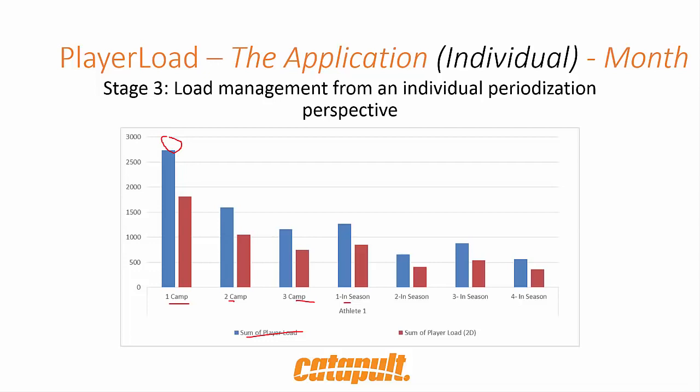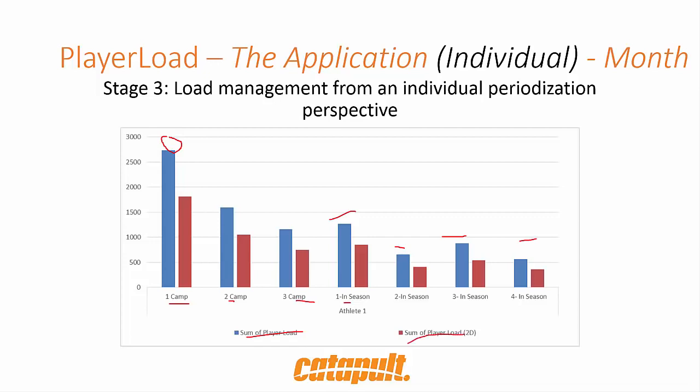And then you go to the in-season, and this isn't showing us game information, which would be nice to see, because having that, we'd be able to adapt to those game demands, because that's what we're preparing the athlete for. So is this first week too much going into that, or did we taper and back off enough where they felt fresh, they felt good in the performance of the game?